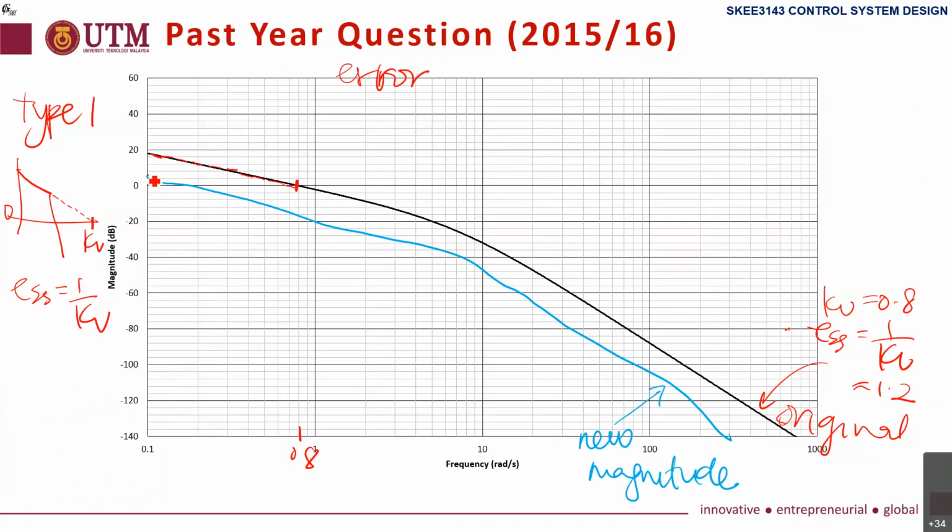We make a line here, we get new kV. In this example, kV 0.1, 0.2. New kV mean here kV 0.2 and error will be 1 over 0.2, will increase.